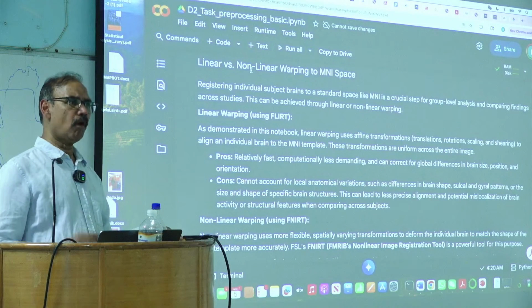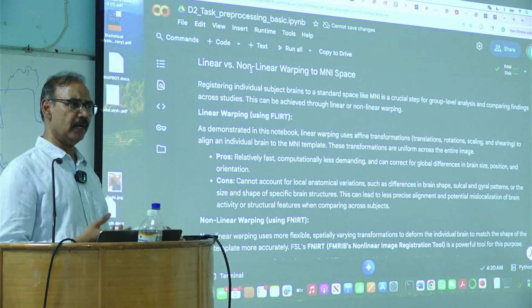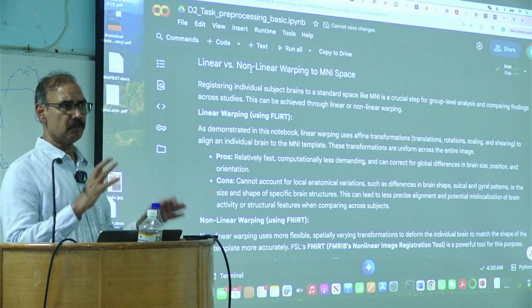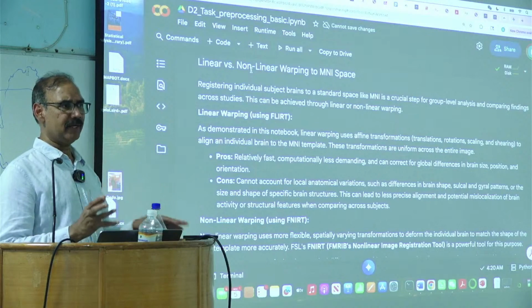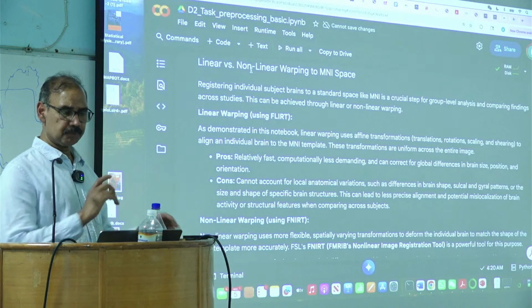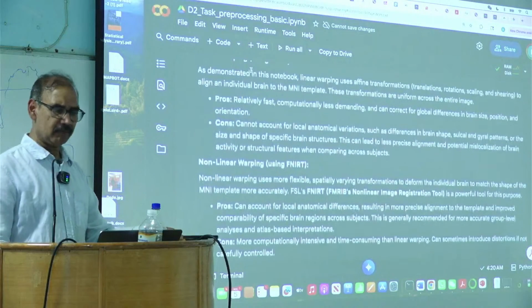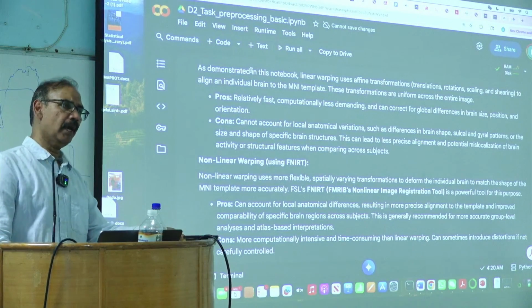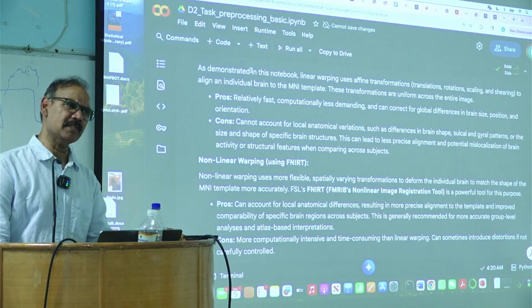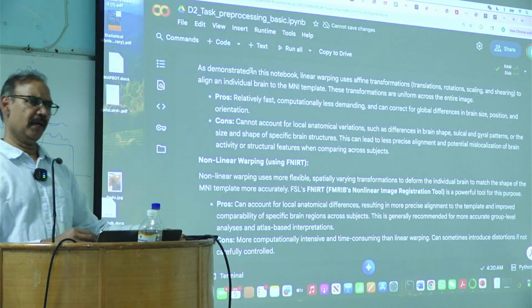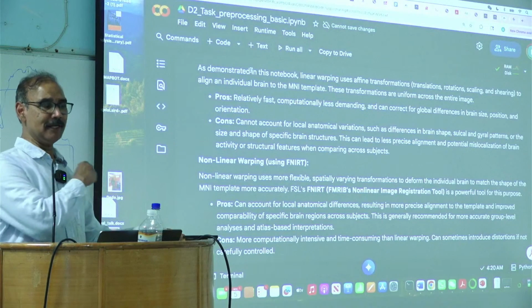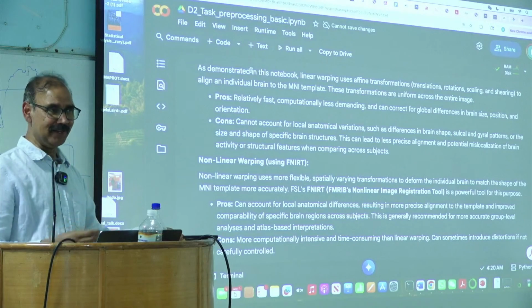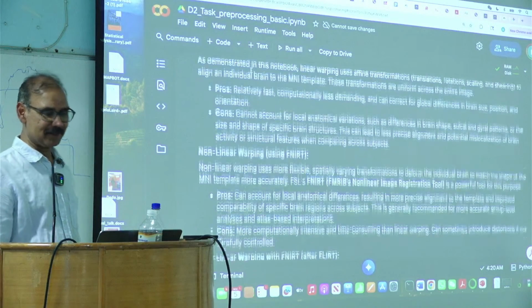The nonlinear warping can also be done, but it is more computationally expensive and it's no longer an affine transformation. So going back and forth is not easy, and it's also not very easy to explain what it did. Maybe it's like deep learning: you get good results, but if you ask how or what it did, it's not so clear.